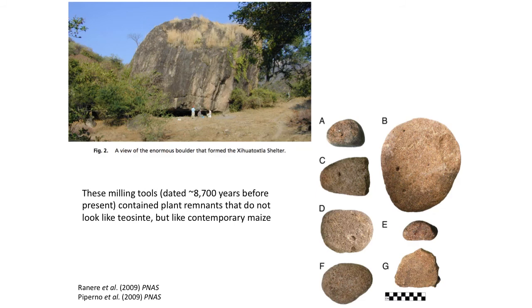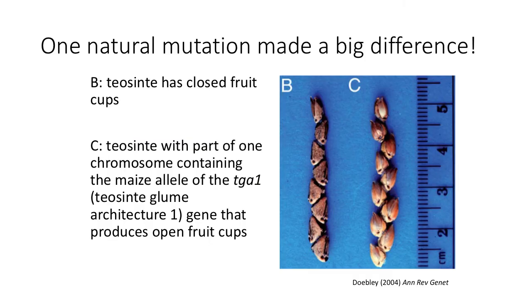And these scientists found tools that were used for grinding or milling corn, and those were dated about 8,700 years ago. These were being used by natives in central Mexico. And they know that that was about the time when teosinte started to be domesticated into corn, because they were able to look at microscopic chunks of plant material that are embedded in these rocks, and they found plant material that looked more like corn kernels than teosinte kernels. So that's how they figured that about 9,000 years ago, corn started being domesticated in central Mexico.